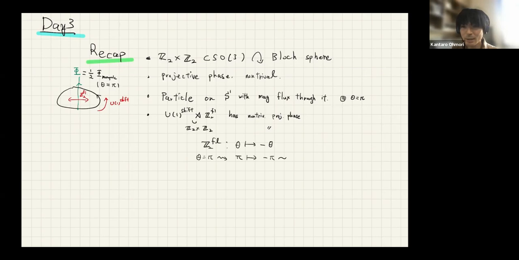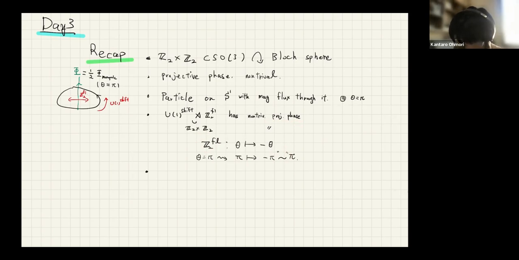But as we saw, there's a 2 pi periodicity in the parameter theta, so this is equivalent to the model with theta equals pi. For the Z2 to be preserved, making theta equals pi invariant, we have to invoke this 2 pi periodicity, and that's where something non-trivial happens, in a sense.